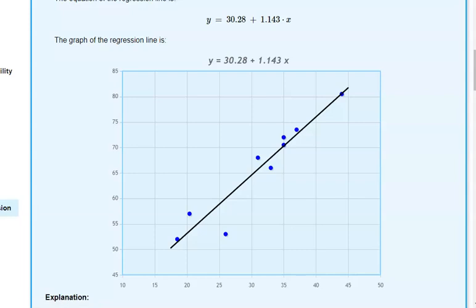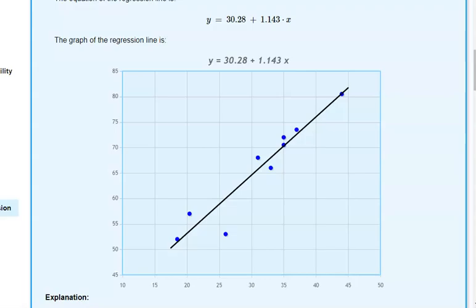And notice right here, this is the line that we're looking at. So y equals, now they kind of flip the x and the y, but that 1.143 was like our 165 over 166. So notice ours was a little bit off because ours was less than 1. This one is just slightly bigger than 1. But this is what the computer or statistics shows is the line of best fit.